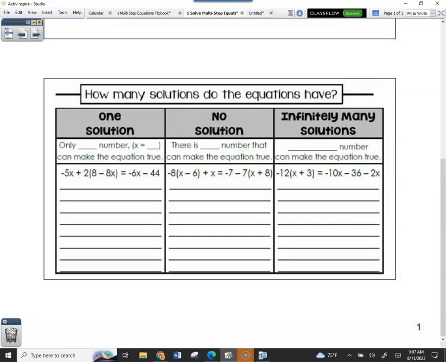First, distribute what's in front of parentheses. Then combine any like terms that are on the same side. Then you can start moving stuff.